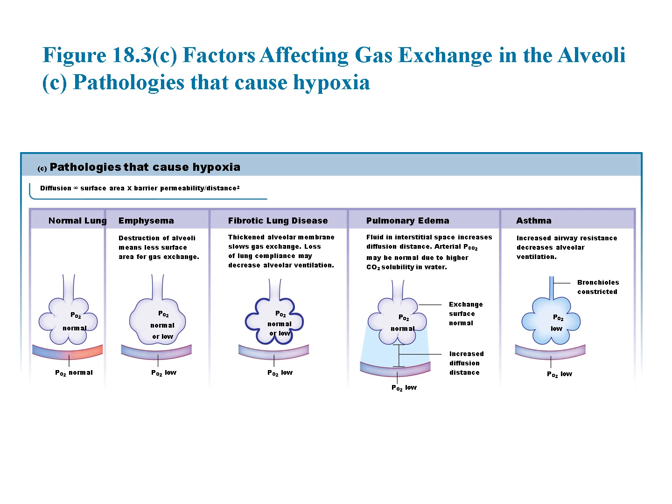This obstruction reduces airflow into the alveoli, making it harder for oxygen to enter and for carbon dioxide to exit. As a result, oxygen levels in the blood decrease, causing hypoxia. Each of these conditions disrupts normal gas exchange, highlighting the importance of lung health in maintaining adequate oxygenation and respiratory function.